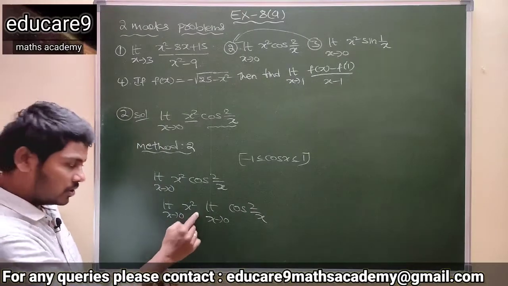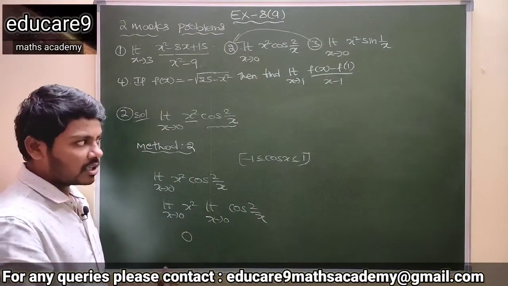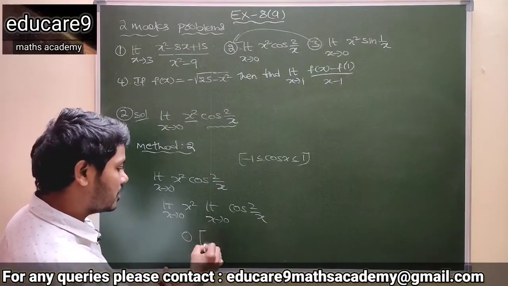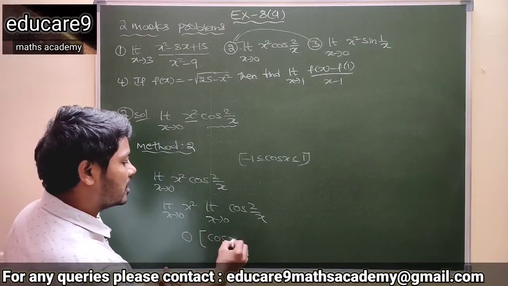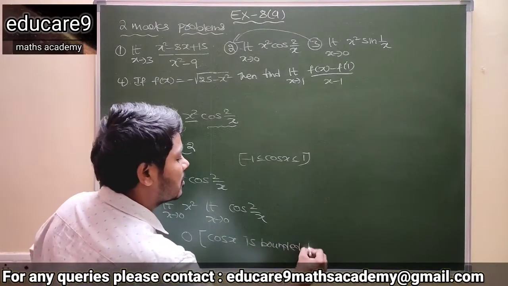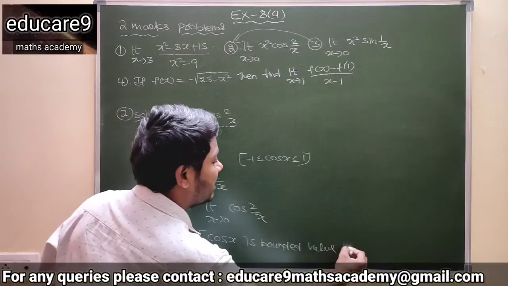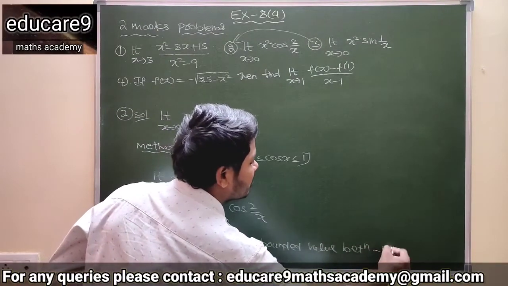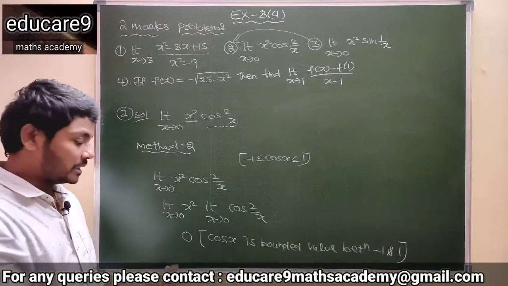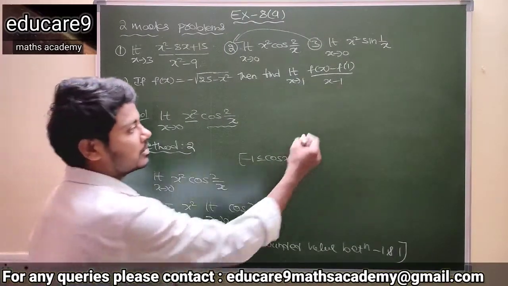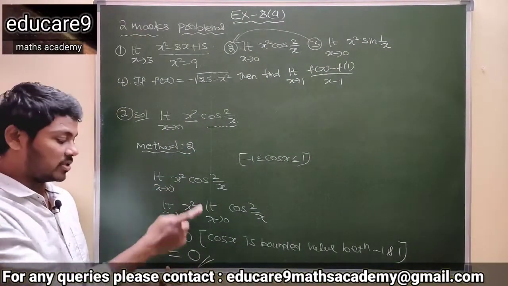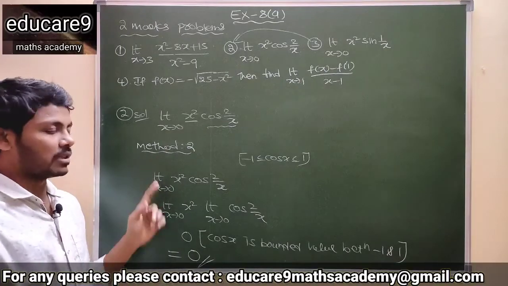You know that cos x is bounded, between minus 1 and 1. Therefore 0 into a bounded value gives 0. So this value is 0. This is method 2.